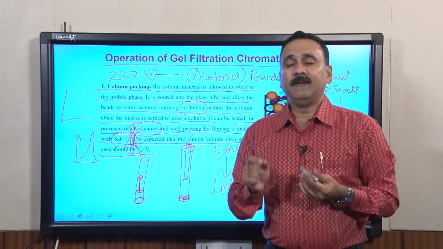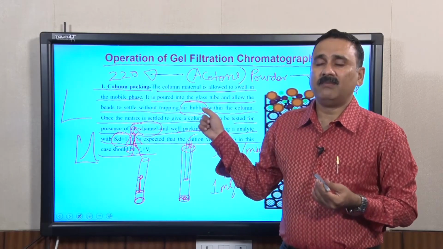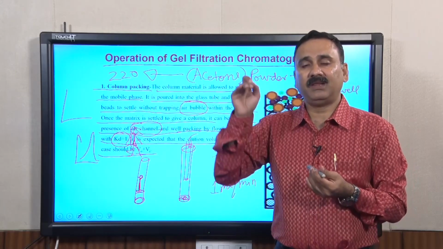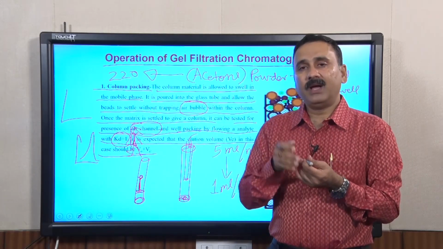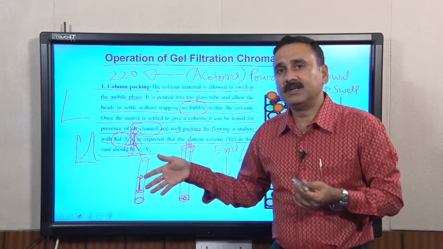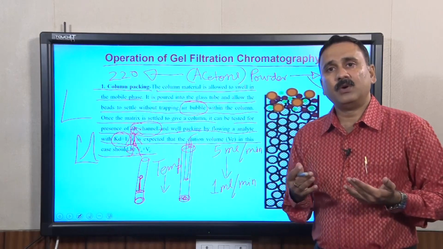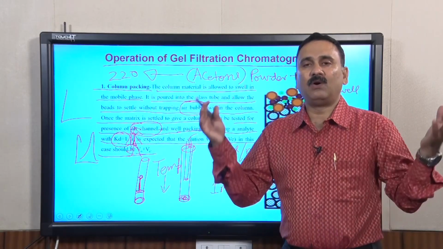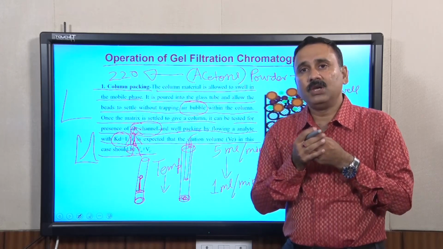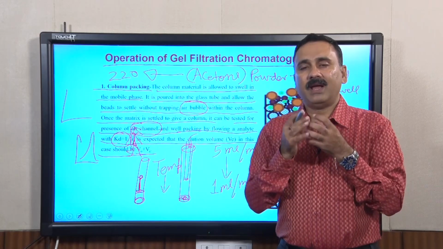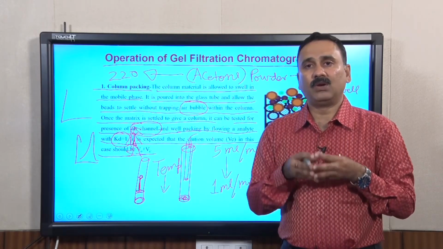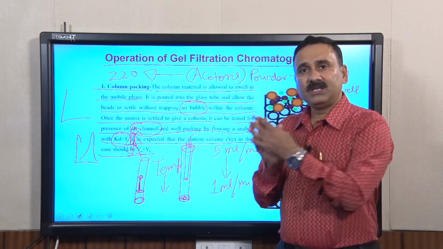For that, most gel filtration columns have to be packed at the same temperature where you are planning to operate them. If you change the temperature of packing from the running temperature, the temperature is going to expand the liquids, and it is going to expand the air present within that liquid.